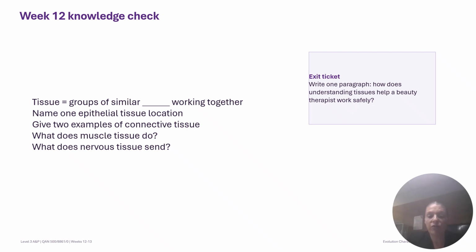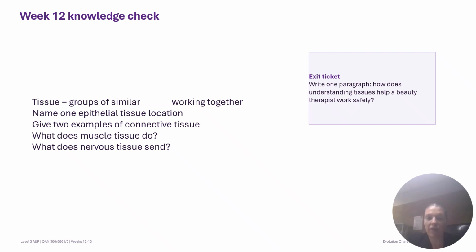So I'd like you to fill in the gaps here. Tissue equals groups of similar what working together? Name one epithelial tissue location. Give two examples of connective tissue. What does muscle tissue do? What does nervous tissue send?